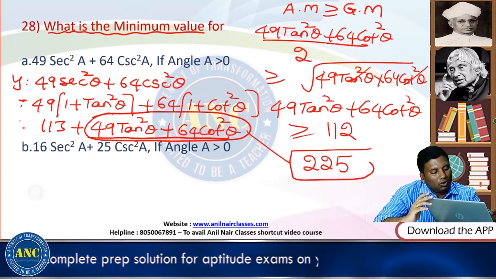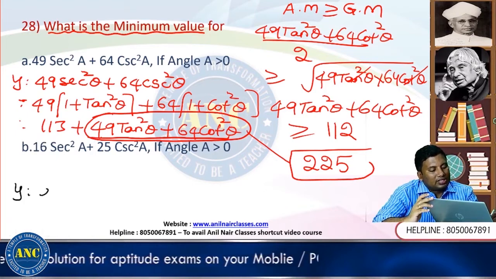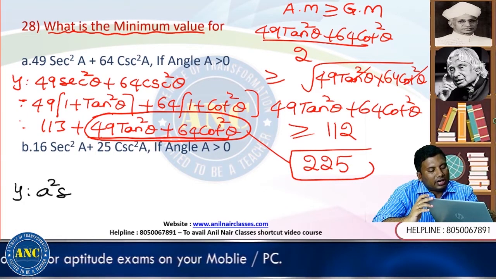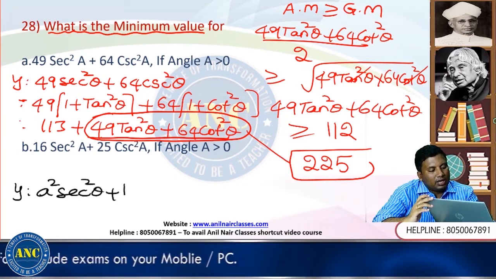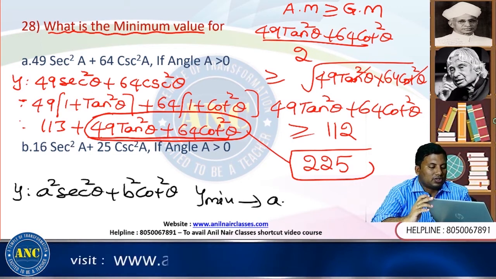You don't need to do all this. If y is a square secant square theta plus b square cosecant square theta, y minimum is nothing but a plus b whole square.